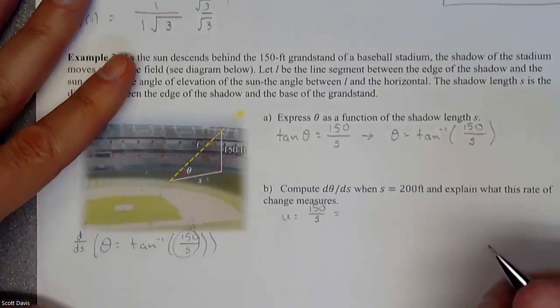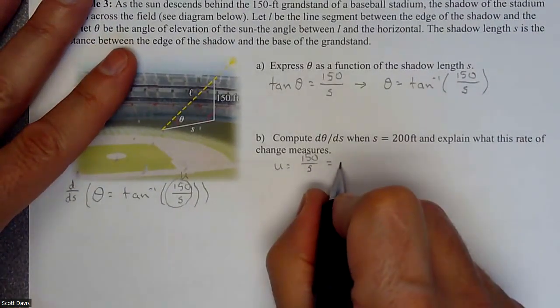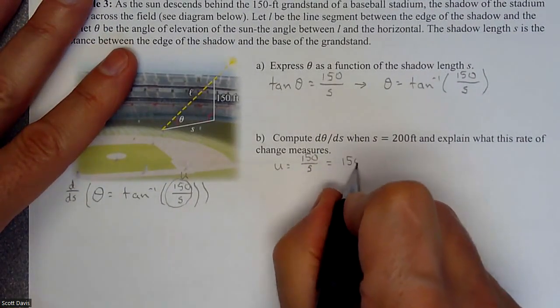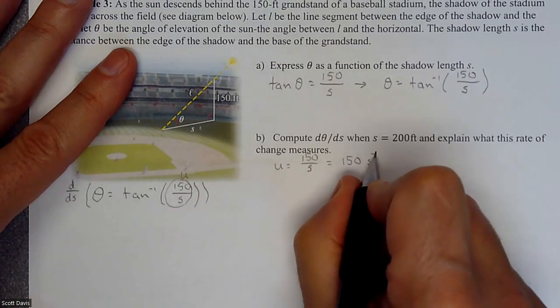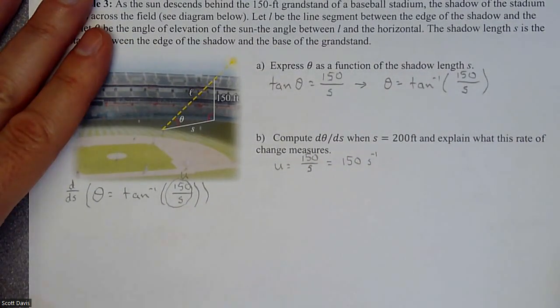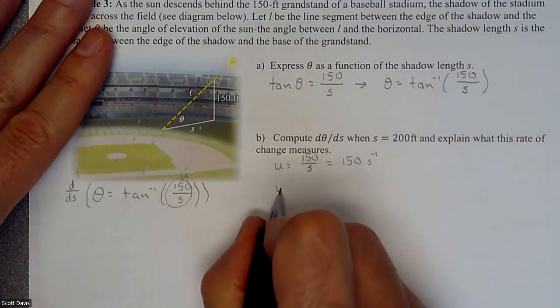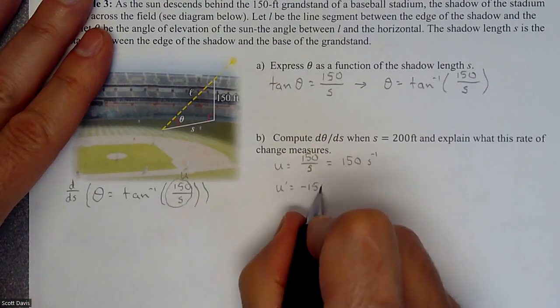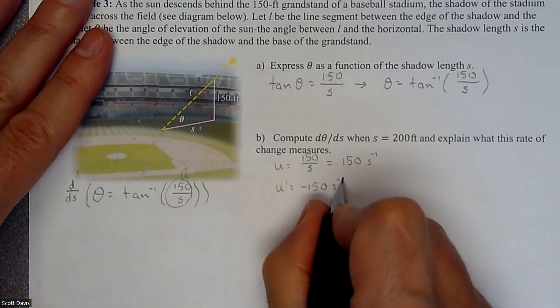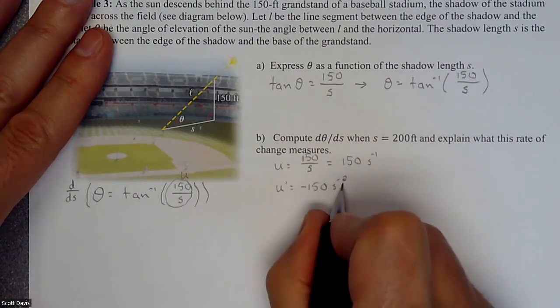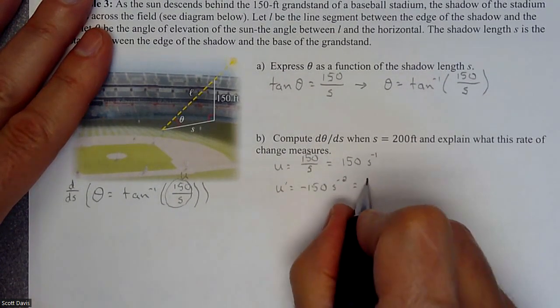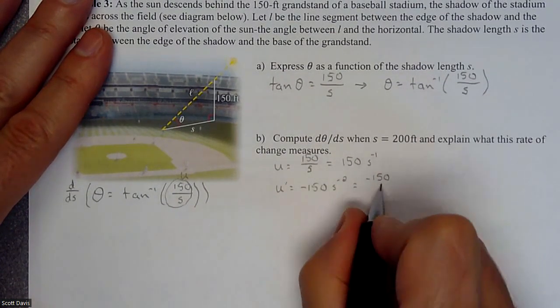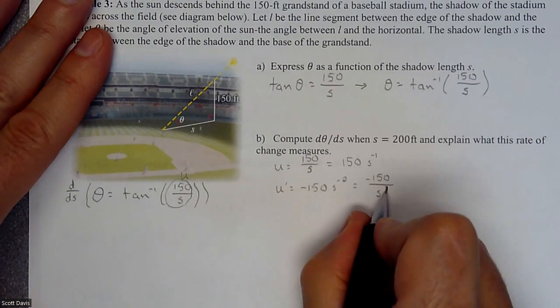I don't really want to do a quotient rule. So if I rewrite this, I can have it 150 S to the negative 1, right? That's going to be, I think, much easier for us to do the derivative. So if we do the derivative, we are at negative 150 S to the negative 2, because we subtract a power. And if I want to rewrite that, we're looking at negative 150 over S squared.